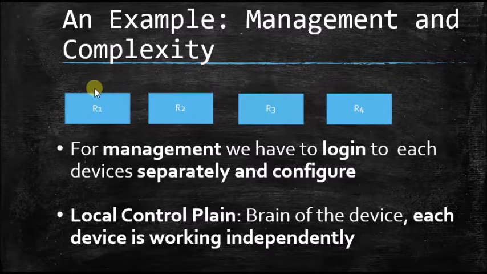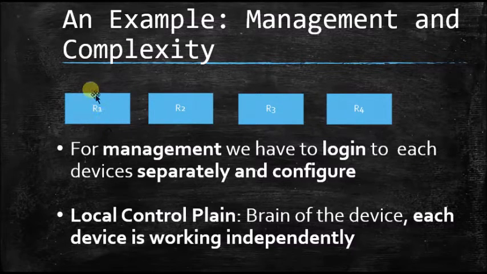Let's say I've configured the OSPF routing protocol on all these devices individually. In a legacy network, each of these devices has its own local control plane, which is actually the brain of the device.